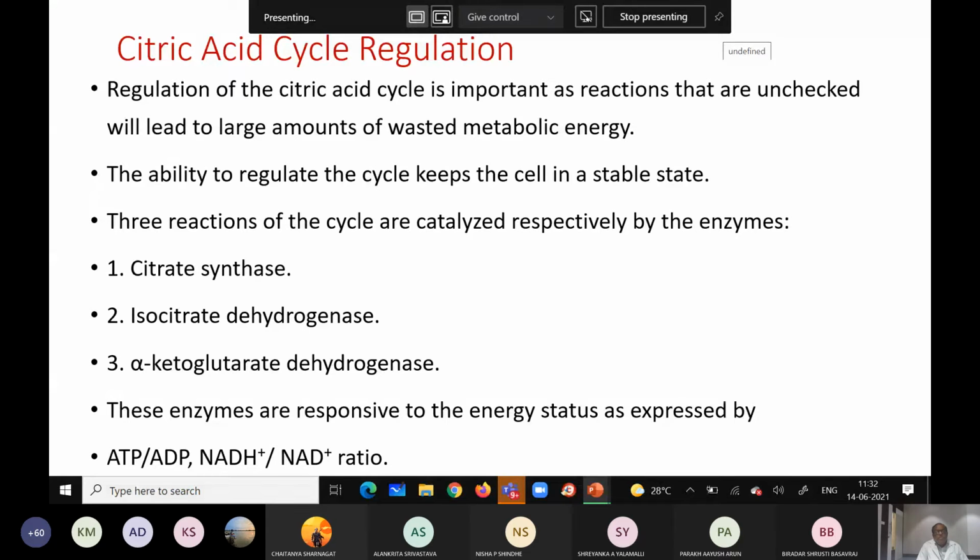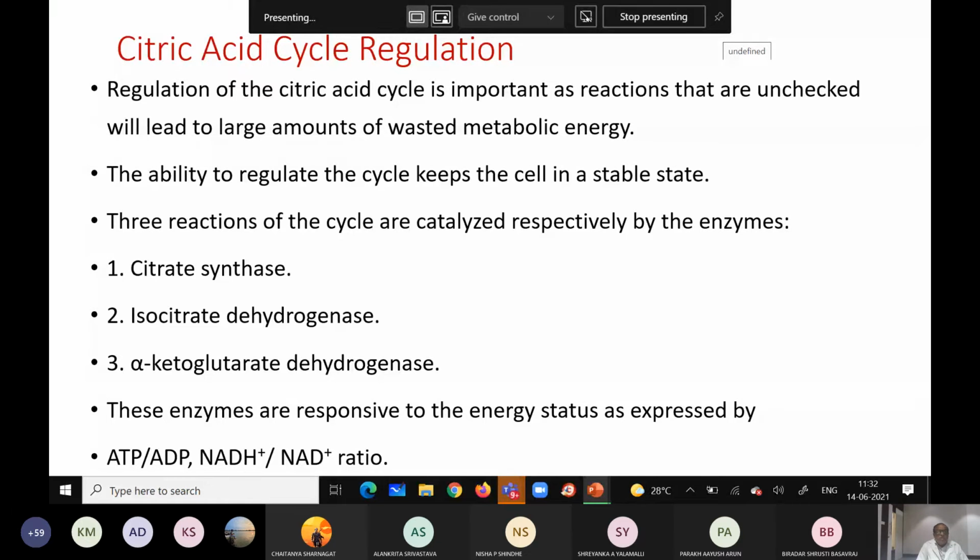The reactions involved in that one consist of three enzymatic levels. That is, one is citrate synthase, isocitrate dehydrogenase, and the third one is alpha ketoglutarate dehydrogenase.